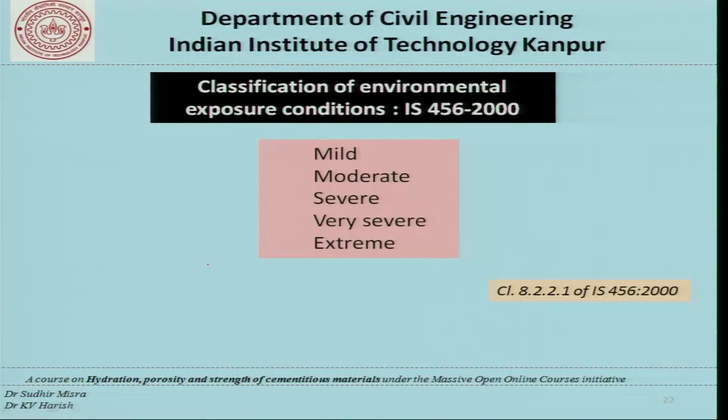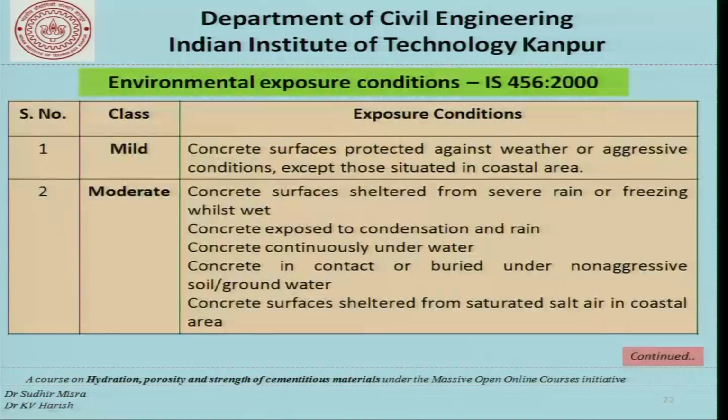So IS 456 talks in terms of these 5 classifications: mild, moderate, severe, very severe and extreme. And if we look at the details, mild is the classification which says that concrete surfaces protected against weather or aggressive conditions except those located in coastal areas. Moderate are concrete surfaces sheltered from severe rain or freezing whilst wet, concrete exposed to condensation and rain, continuously underwater.